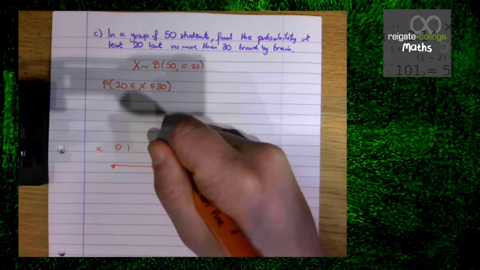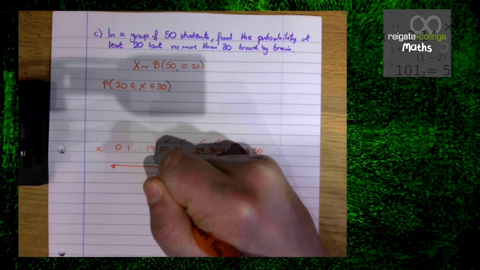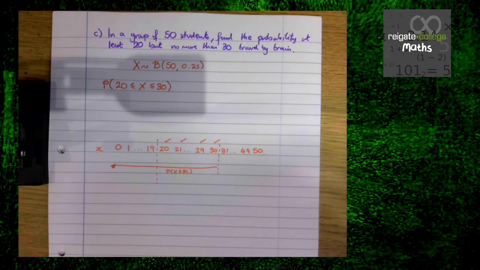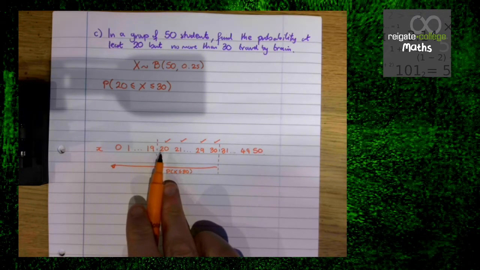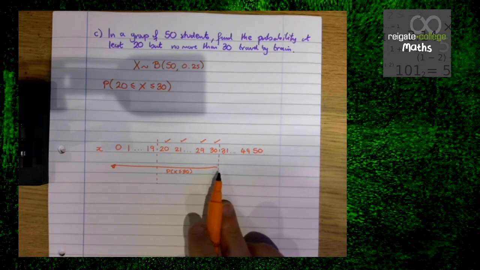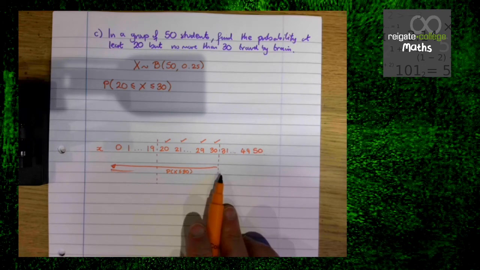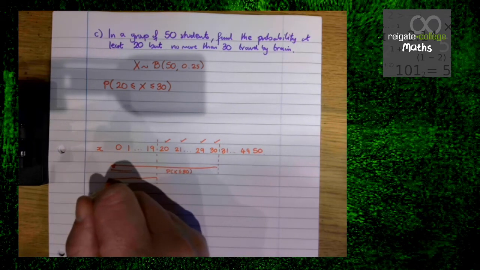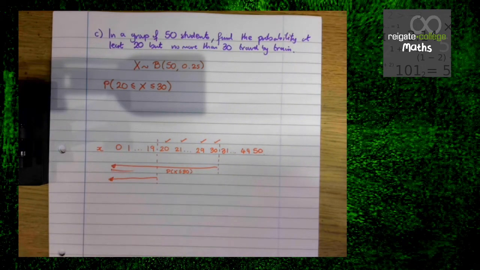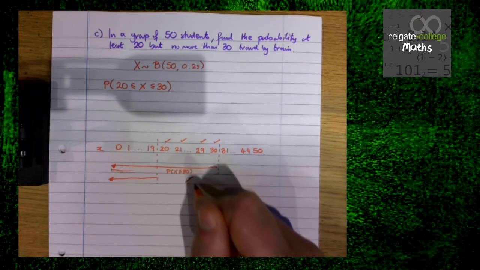Now we only want this middle bit. We can currently work out easily this whole section. We only want this bit. So if we remove this section here, we're just left with what we want.